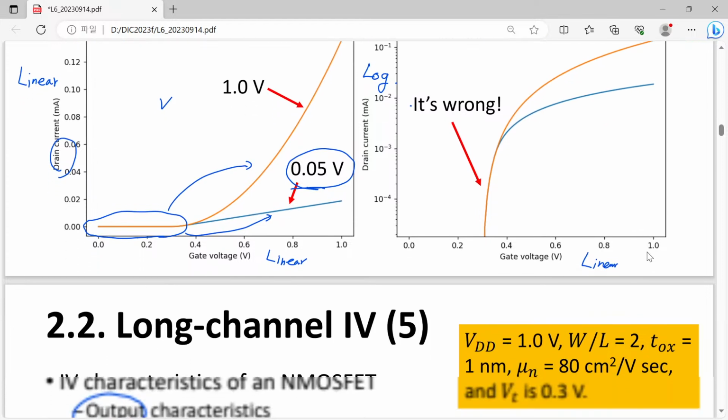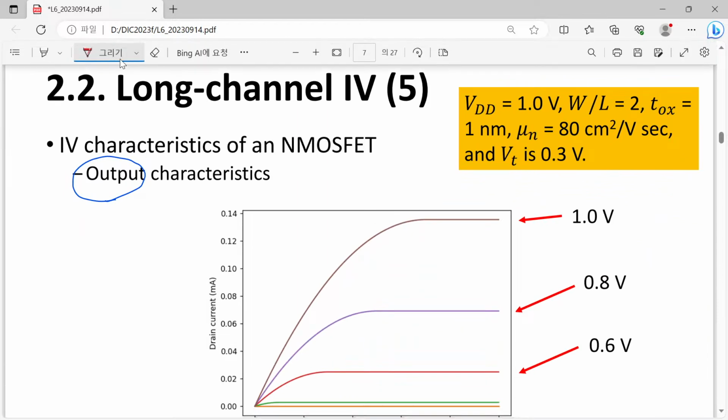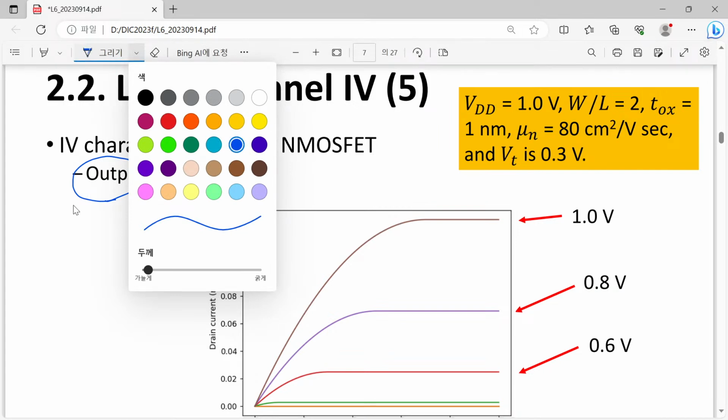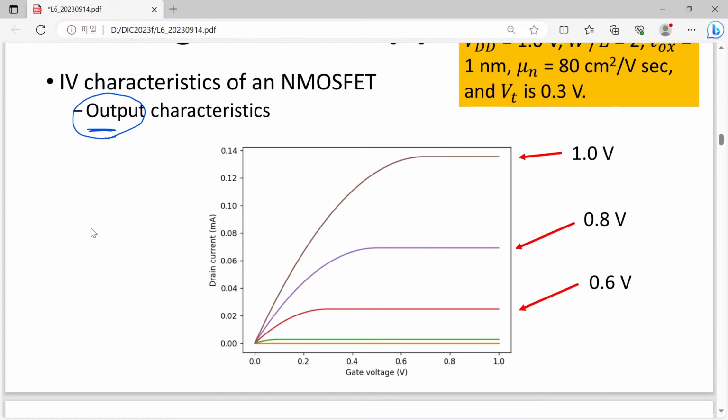Okay. Then let's go to the second one, called output characteristics. So now you can easily guess what the output characteristics are. Now the output terminal is the drain terminal. So now we have to draw ID as a function of VDS.